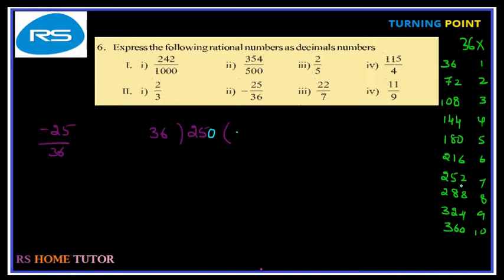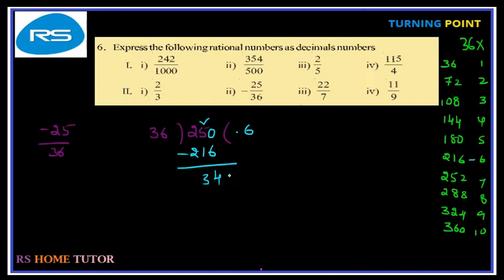So nearby 252, but it is more than that. I can take it as 216. So 36 6s are 216. So the difference is how much? 4. 4 minus 1, 3, 34.